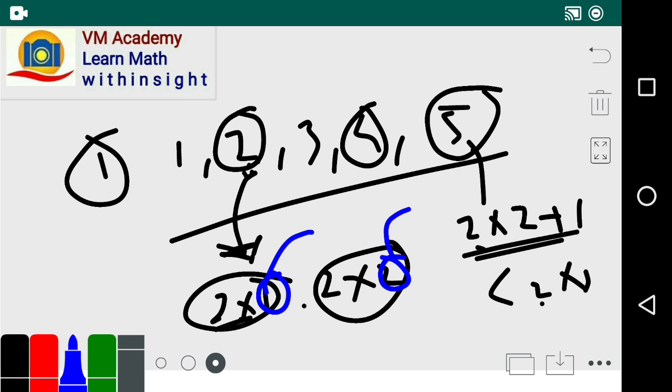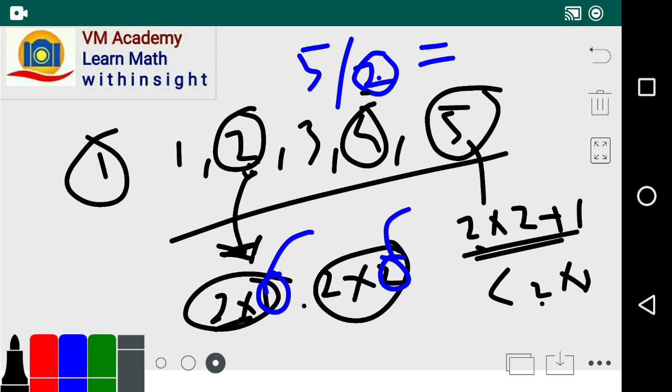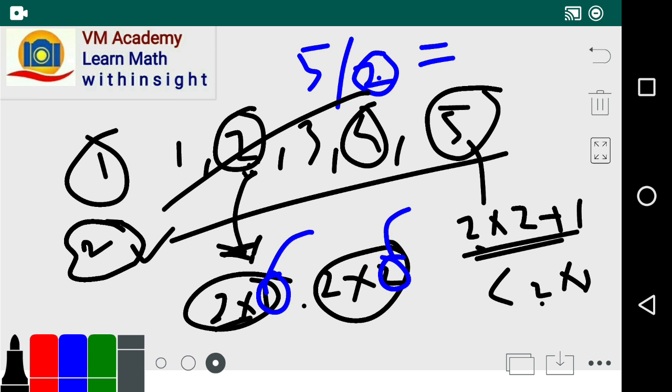So friends, we can just divide by 2 and say the total number of multiples of 2, that share at least 2 as a factor, is nothing but 2.